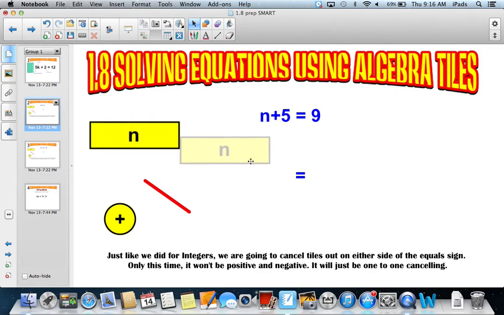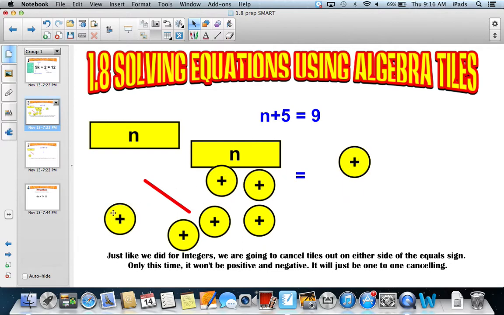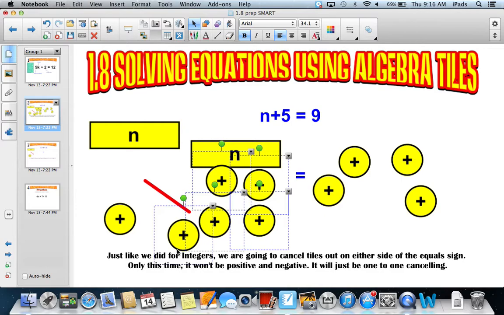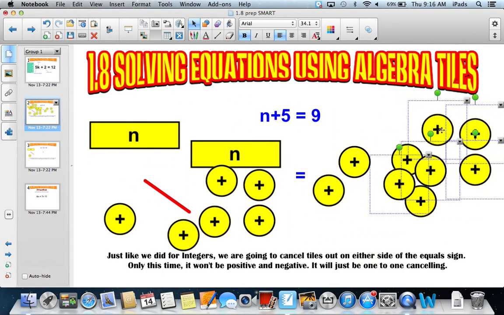We're going to bring 1n, because we only have 1n here, and we have plus 5: 2, 3, 4, 5. And then we have 9 over here, and I'm just going to make copies of this and bring them over here as well.